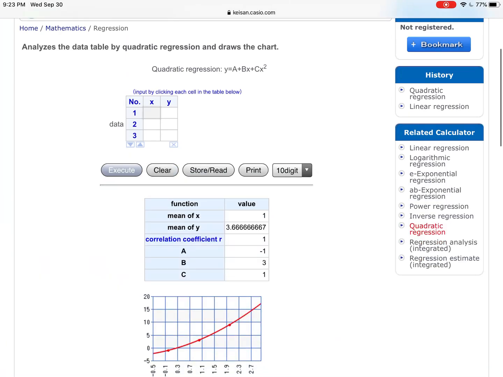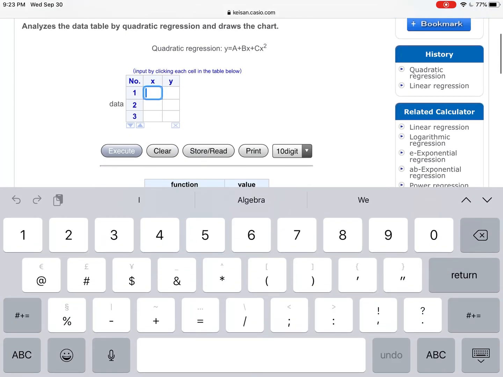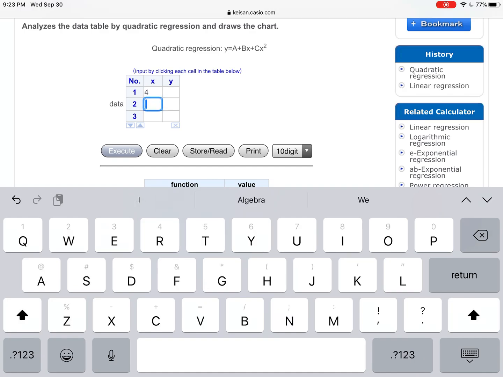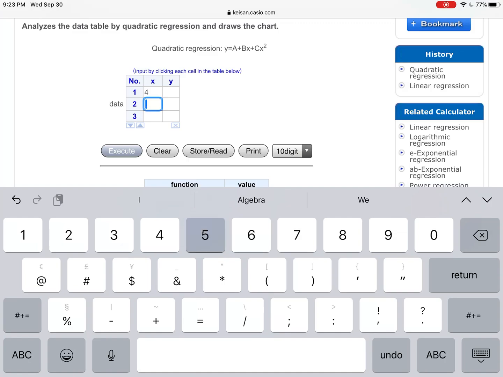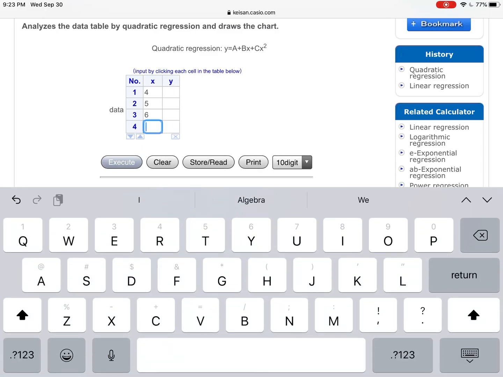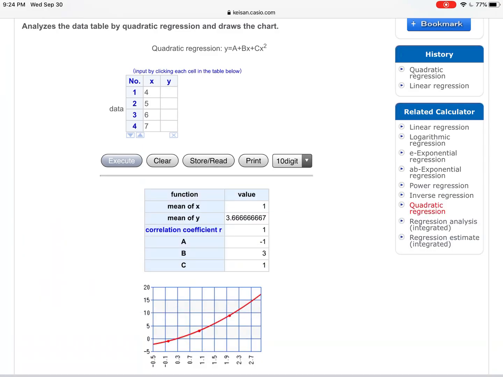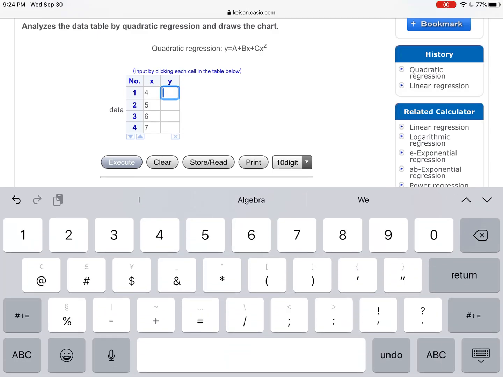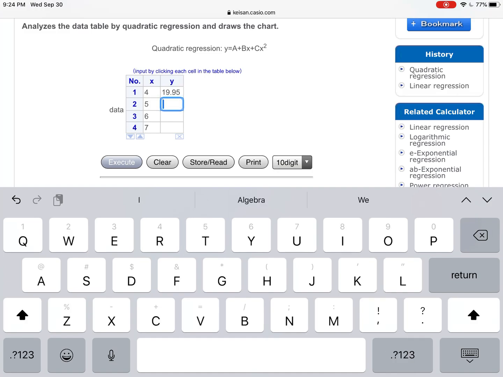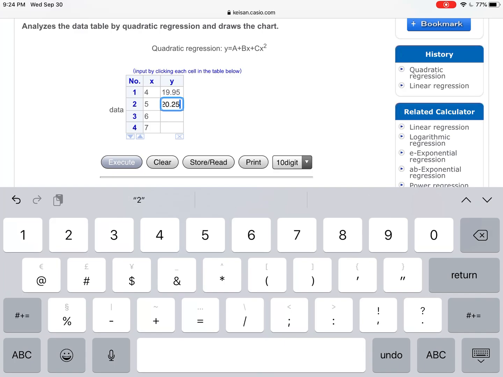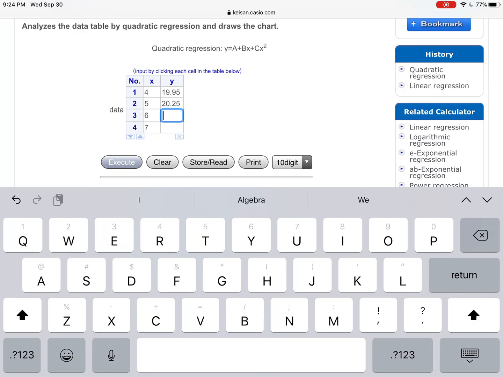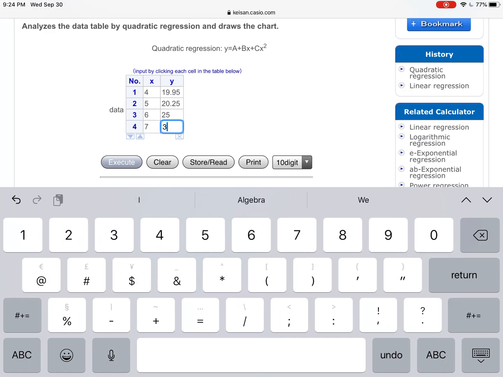So I'm going to go back to my website that I'm using today to help me with this. I'm going to clear out what I started with, and I'm going to put in my new x values. So my new x values are 4, 5, 6, and 7. And my y's are 19.95, 25, $25 even, so I'm just going to put 25, and then lastly $34.95.